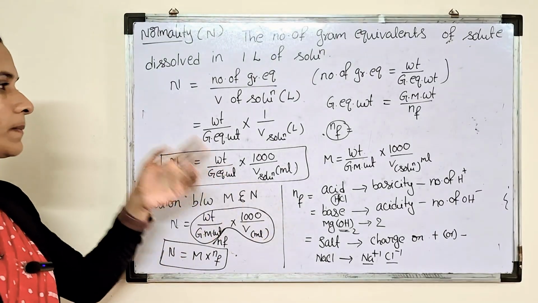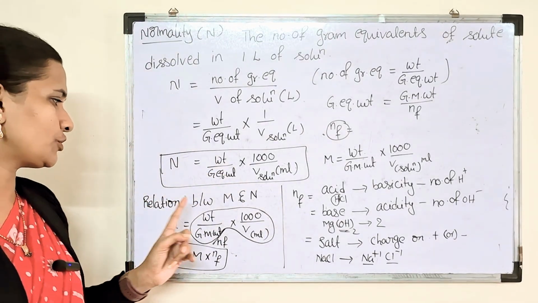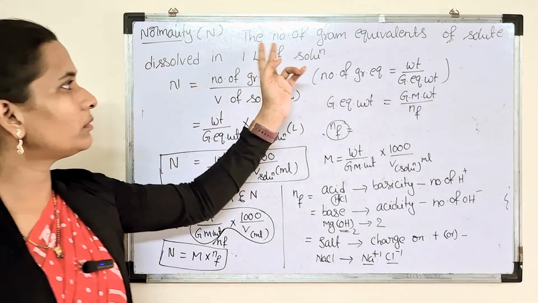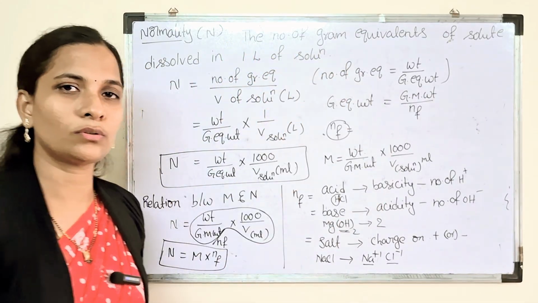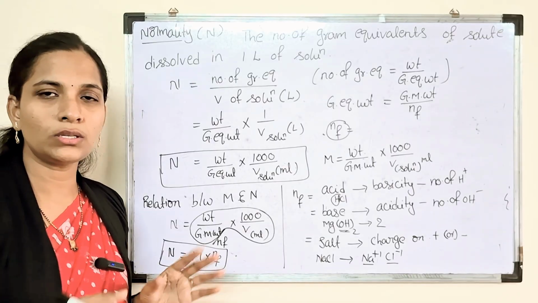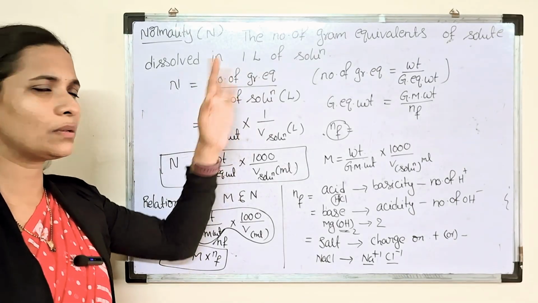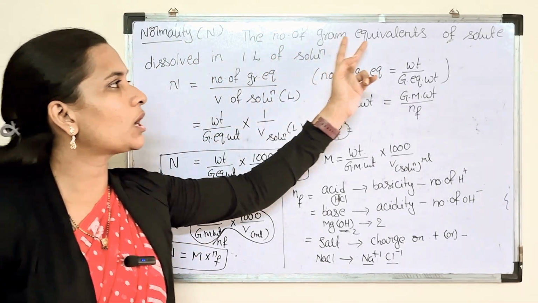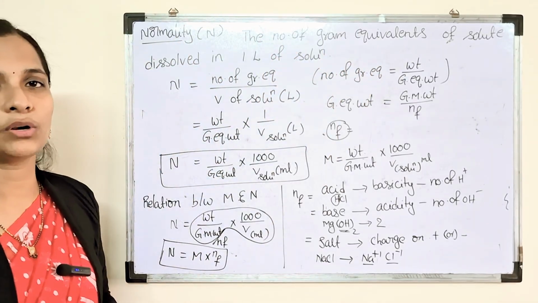So this is normality and the relationship between molarity and normality. Normality means the number of gram equivalents of solute. Molarity means the number of moles of solute present in 1 liter of solution. It is the same idea, but normality is the number of gram equivalents, while molarity is the number of moles.